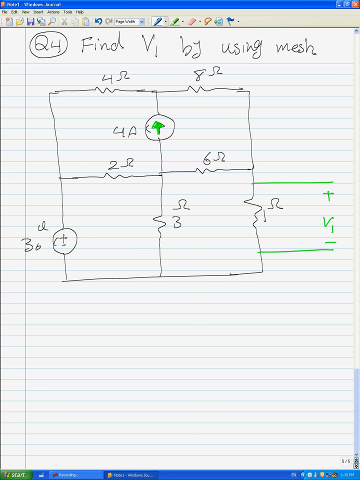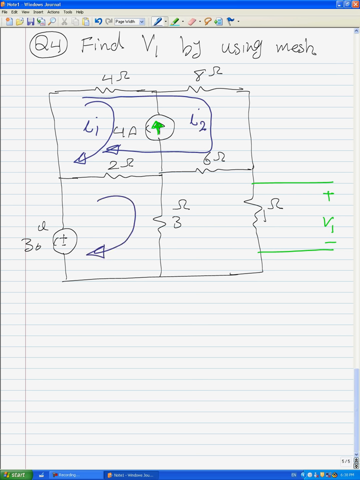That's why we should consider a super mesh. The super mesh is like this. This is loop 1, and for the super mesh we can consider a loop like this for I2.